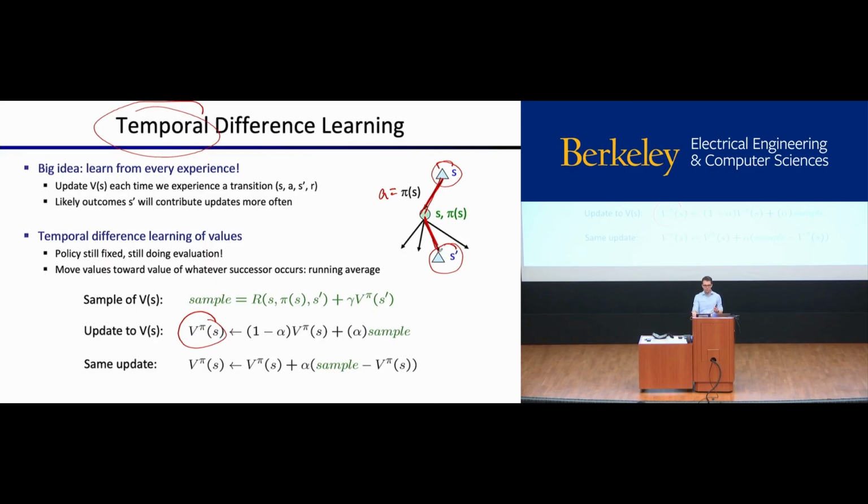Now we have this sample, this more accurate value sample. So we're saying, what's the difference between my expected value before I did this transition and my resulting value when I saw the transition? That's the temporal difference piece.